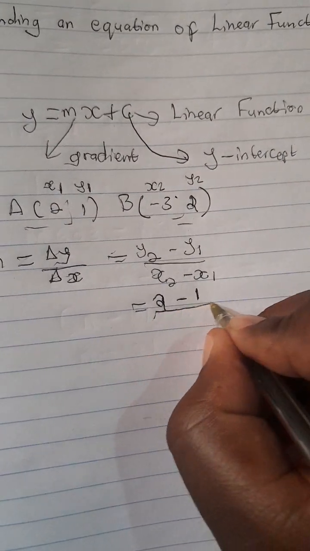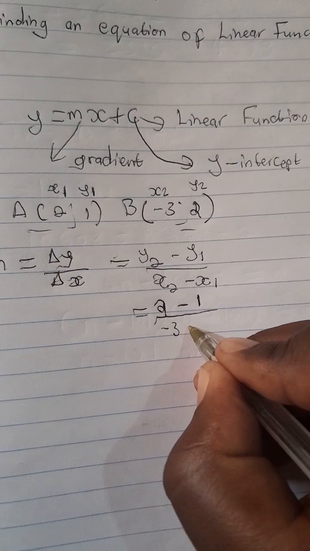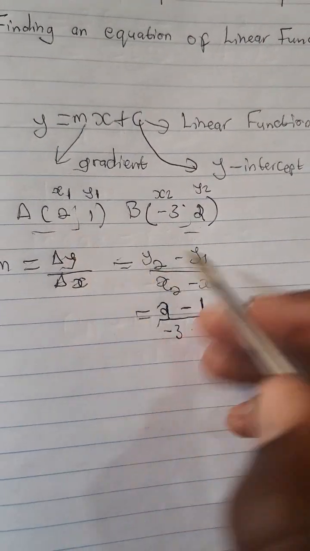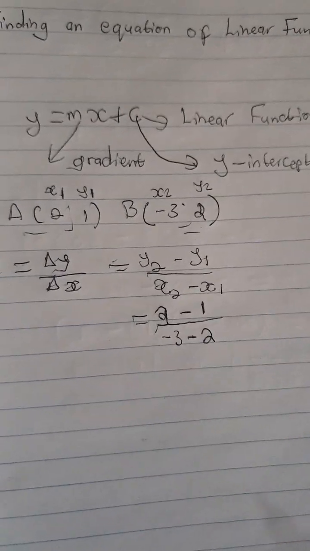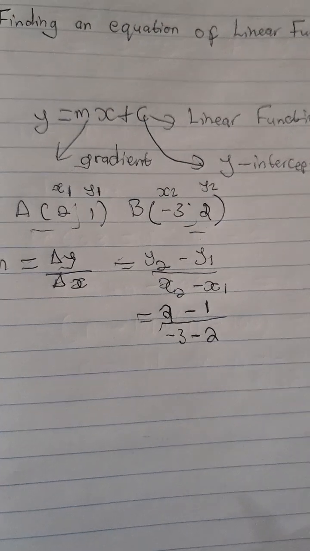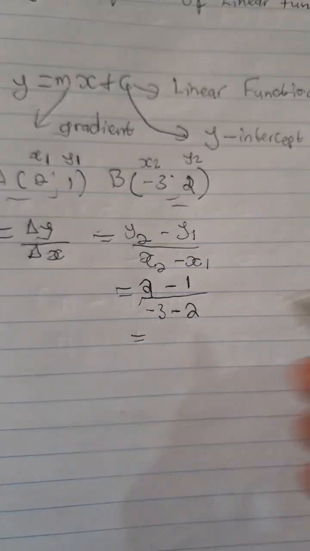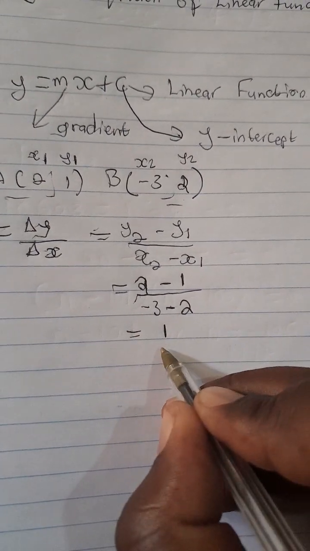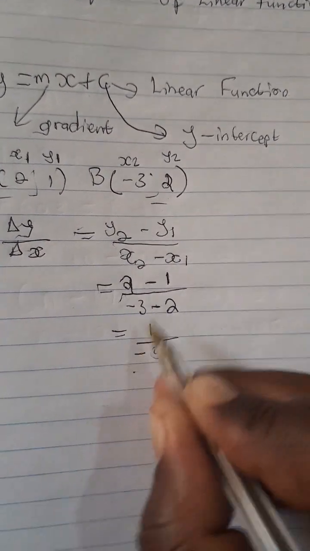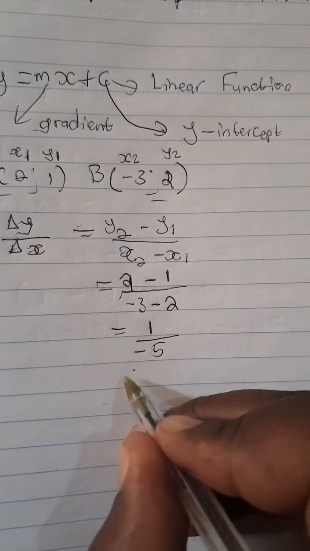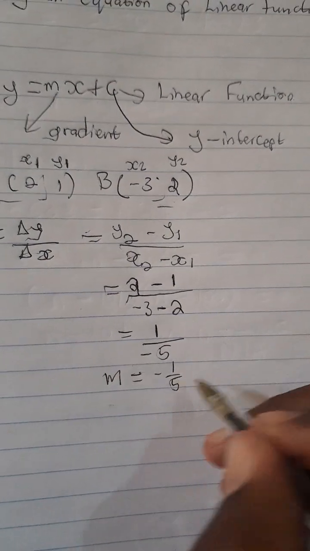Then x2 is -3, and x1 is 2, so it will be -3 minus 2, remember? We still have to find the gradient first. So what is 2 minus 1? That will be 1, and -3 minus 2 will be -5. So the gradient is -1/5. We've already found the gradient.